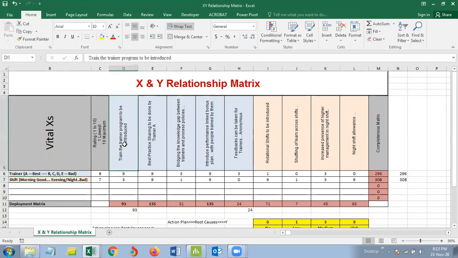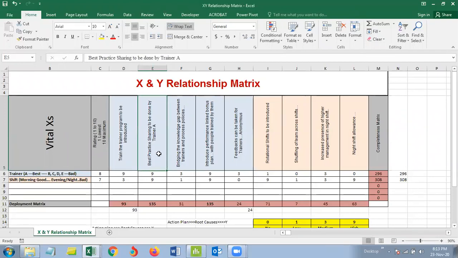We sit down as a team and list down all possible action plans which can be done. So we talk about a train the trainer program to be introduced. Everyone gets trained, even the trainers. They are put into a training program, so they will keep getting updated and refreshed in terms of their knowledge. That will help us bridge the gap between their understanding levels.